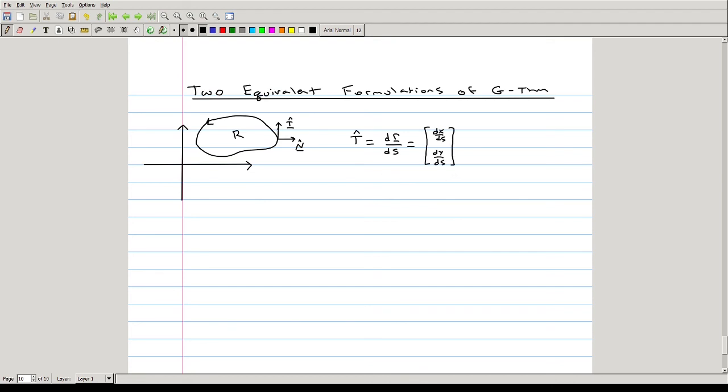We know that the normal vector to this curve is going to be at a 90-degree angle to t hat at every single point. So you can ask yourself, what is the vector that is always going to be at a 90-degree angle to this t hat?